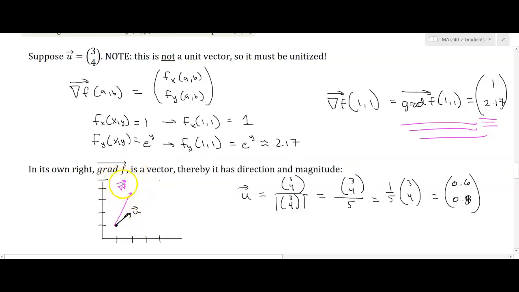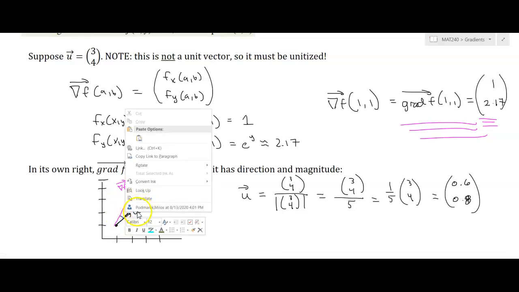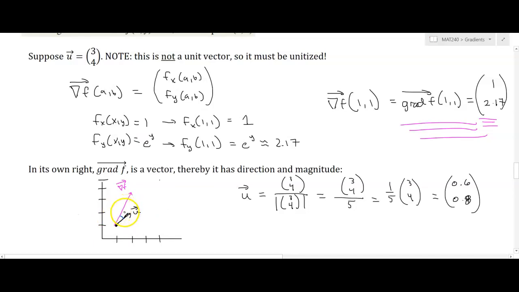Because we never were concerned about where this vector pointed. In fact, we never even thought about it as a vector. But there is an important relationship between these two things. One thing we can point out is that there's some angle, call it theta, between these two vectors. So theta is the angle between vectors u and grad f, or del f.